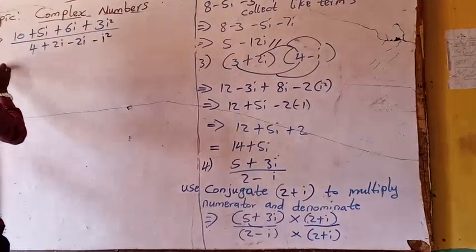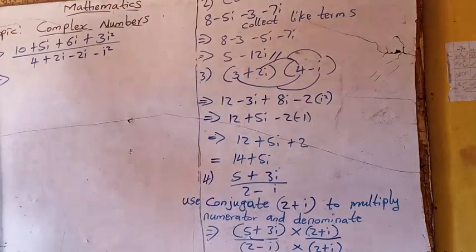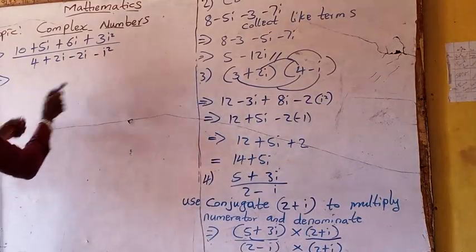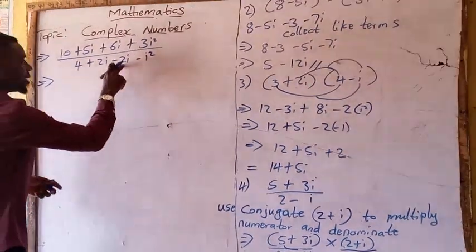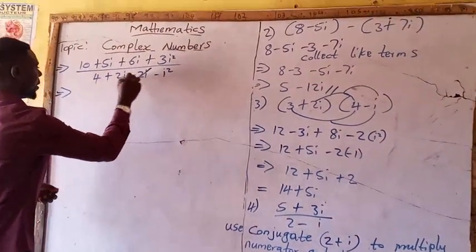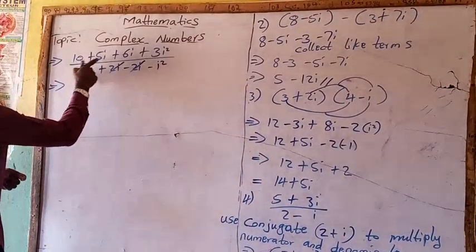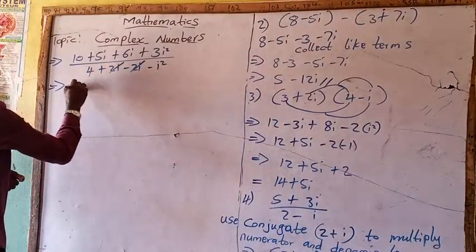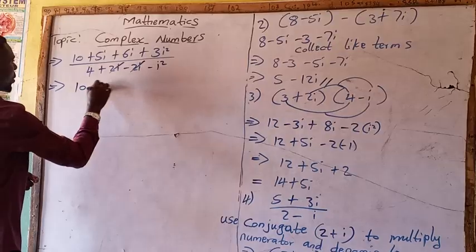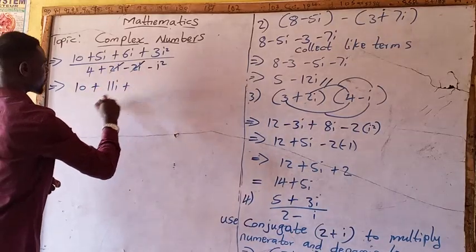So let us work on the up and the down, the numerator and the denominator. Now if you observe well, these two will cancel because here is plus 2i, here is minus 2i. They will cancel out. Very good. Okay, now if we check here, there are like terms here. This plus this will give us 10 plus 11i plus.